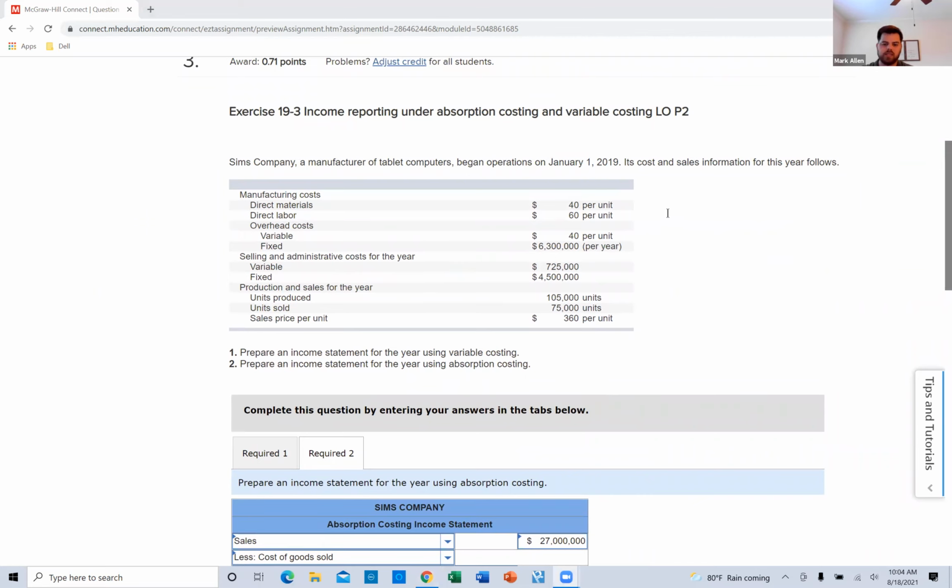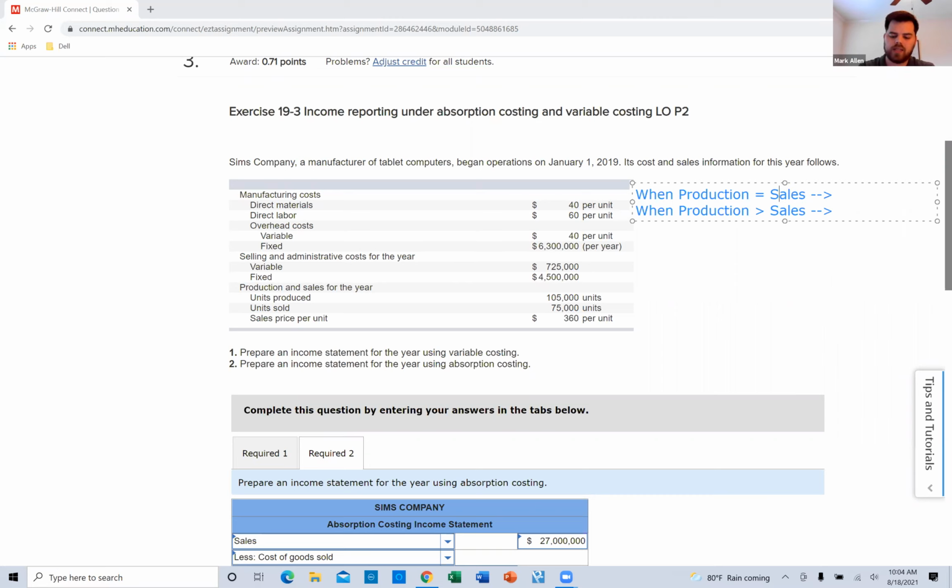We've got three situations essentially. The first situation is whenever production is equal to sales. So when production equals sales, the following is true. When production is greater than sales, the following is true.